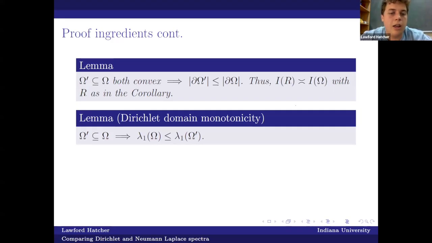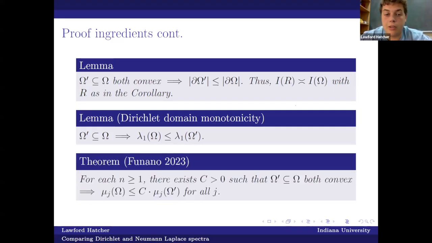And then there's a new theorem of Funano that I think is very interesting. A very annoying fact in spectral geometry is that domain monotonicity fails for Neumann eigenvalues. So it's just strictly not true. But what Funano managed to show is that as long as you're working with convex domains, then it is true up to a constant multiple.